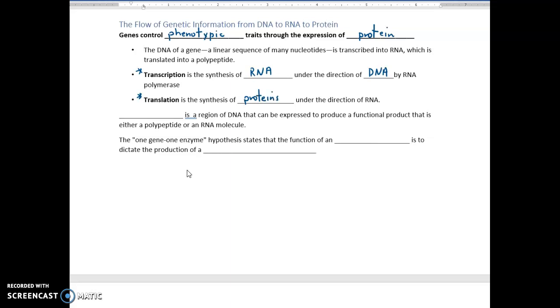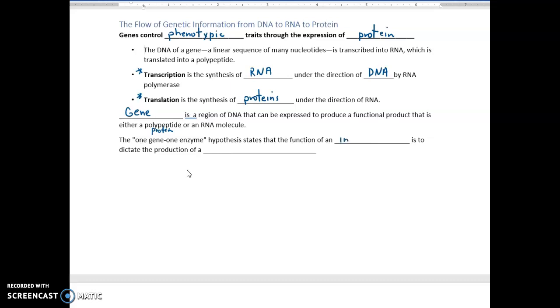And we have the definition here of a gene. A gene is going to be a region of DNA that can be expressed to produce a functional product. And it may be either a polypeptide, which is a protein, or an RNA molecule. And there is a hypothesis that for each gene, we'll have one polypeptide.